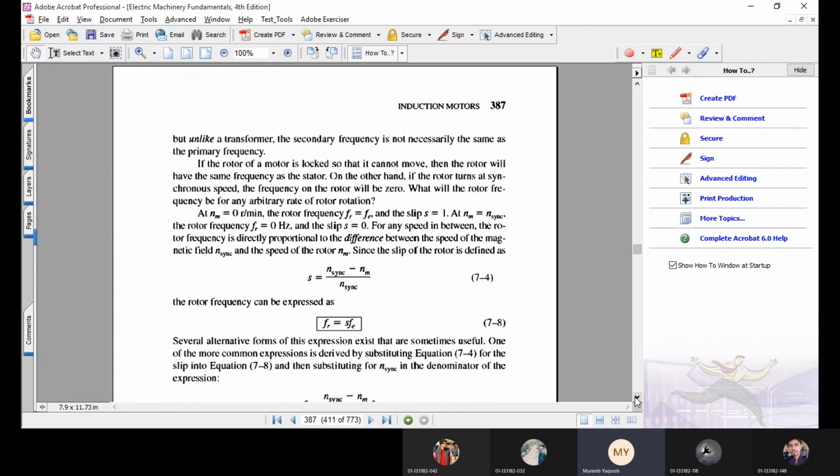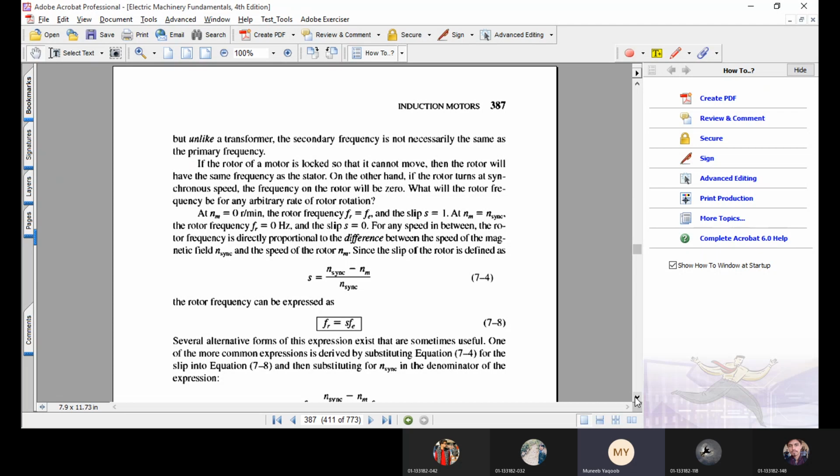Now coming to the rotor's frequency problem. Actually, at the start, when the rotor is stationary, the induction motor behaves just like a transformer. That is the reason that sometimes we name it a rotating transformer. Why?